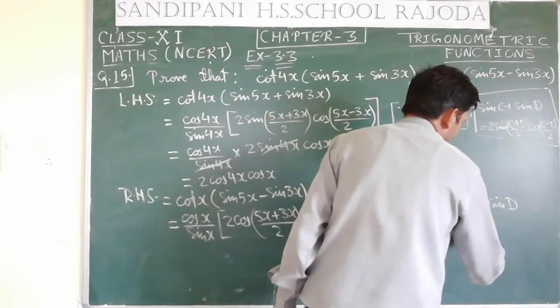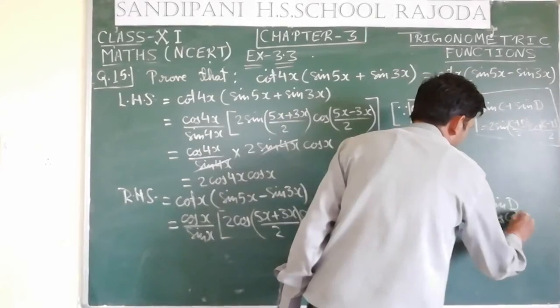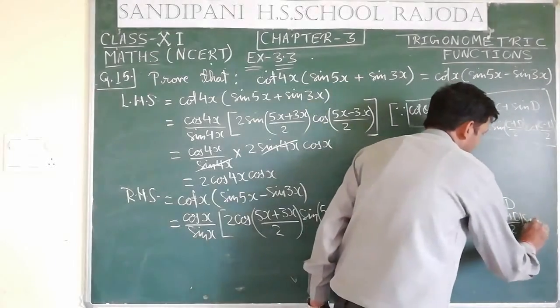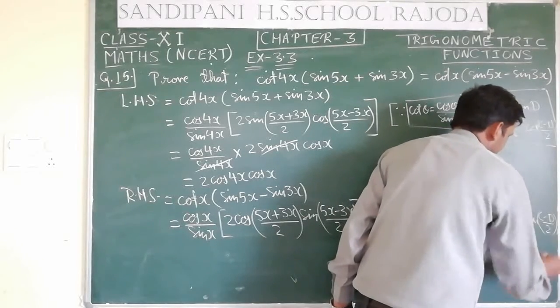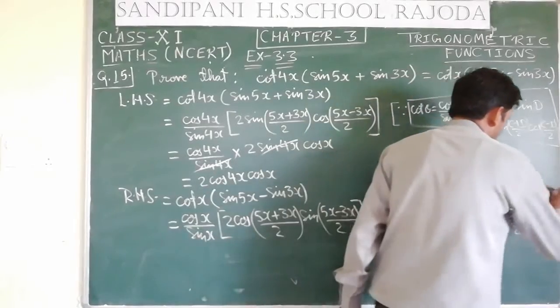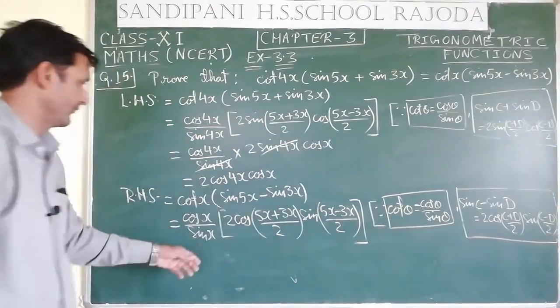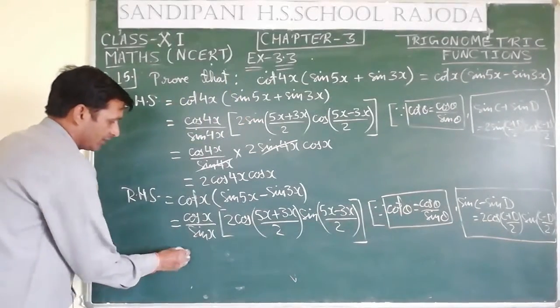Sin c minus sin d is equal to 2 cos c plus d by 2 sin c minus d by 2. This is for sin c minus sin d. So these two formulas we have to write here, which are applicable formulas.